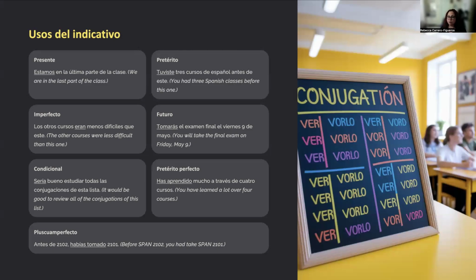Habías tomado. Before Span 2102, you had taken Span 2101. Okay? That's the summary of all the tenses that we have seen that belong to the indicative mode. These tenses are all referring to facts in different moments of the expression.